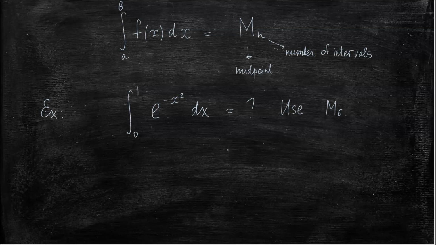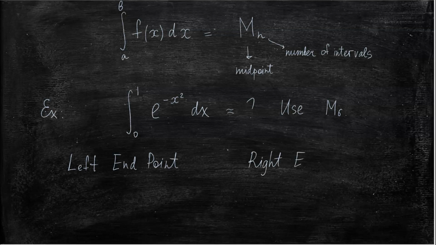So that's what we want to be able to do. Now, before we get to the midpoint approximation, let's briefly go over the other two basic ways to approximate a definite integral. I'm referring to left endpoint and right endpoint approximations.